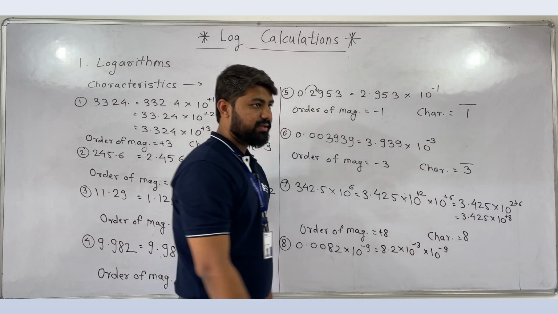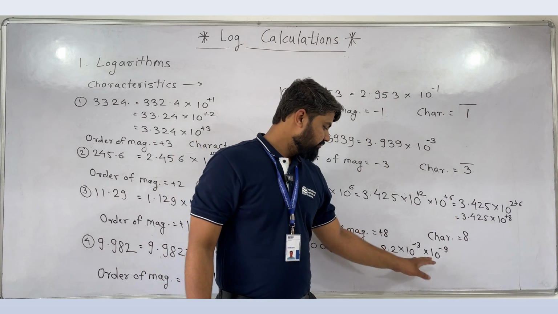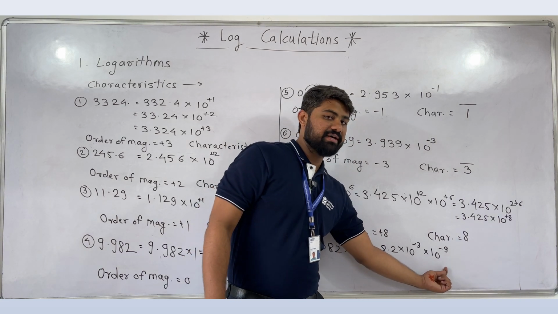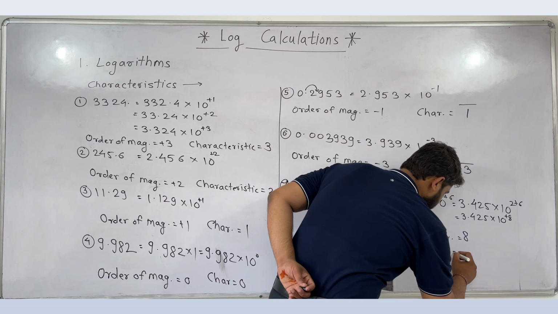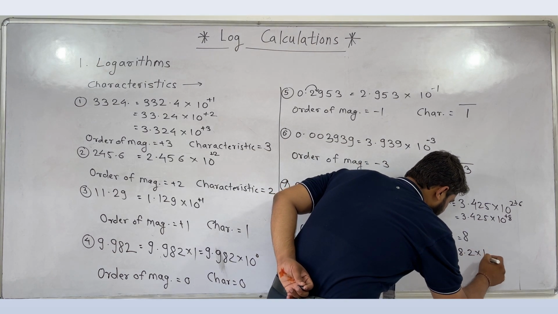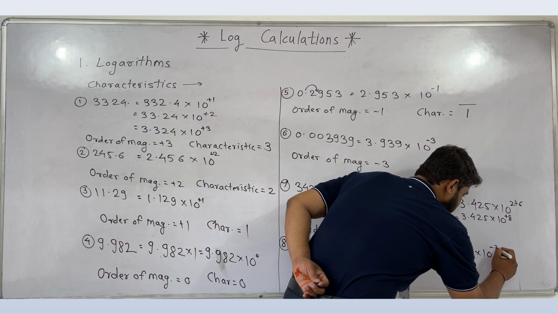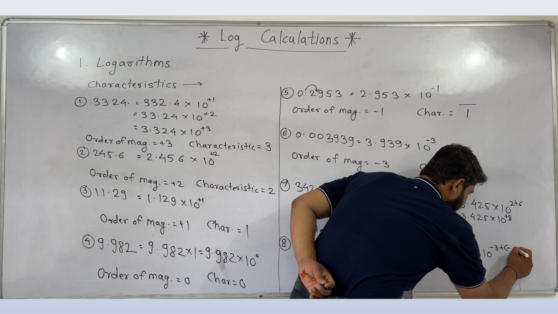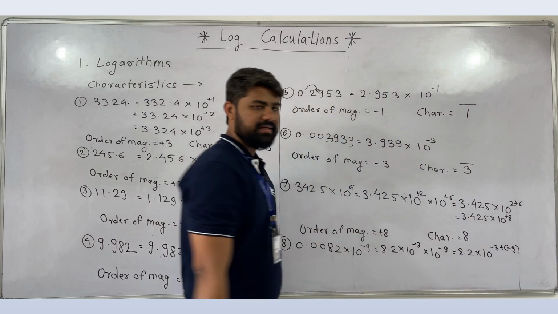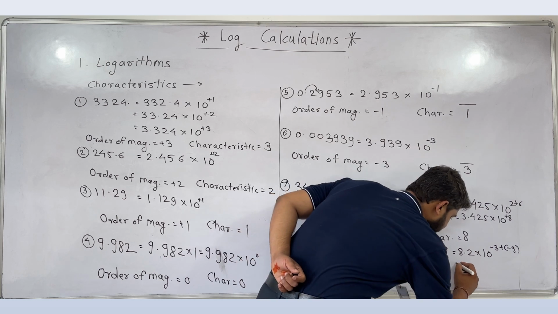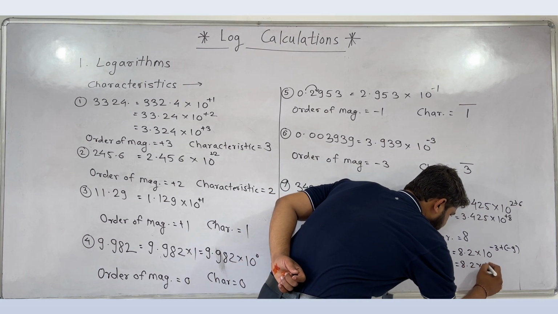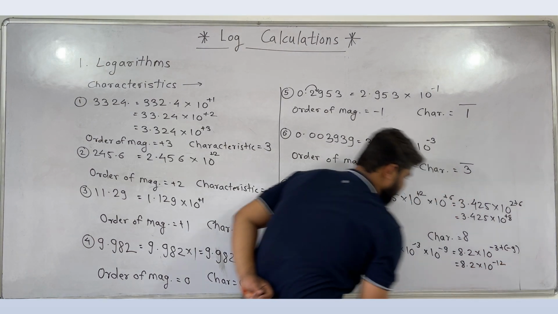Again, rules of indices. We have to multiply these two numbers which have the same base, so powers will be added. So we will write this as 8.2 into 10 to the power minus 3 plus minus 9. Minus 3 plus minus 9 will give minus 12. So this becomes 8.2 into 10 to the power minus 12.